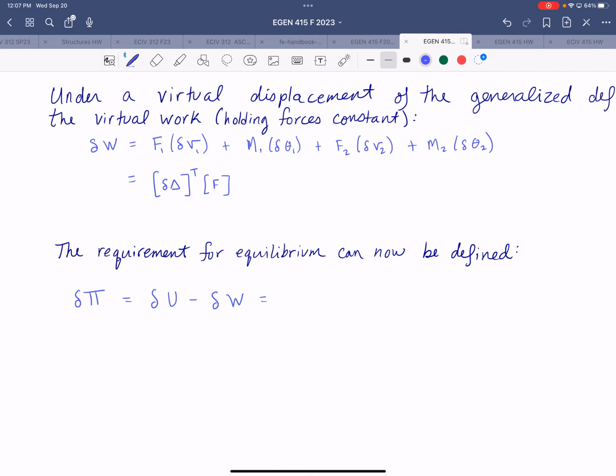There's no increment or no additional force associated with that virtual displacement, since we held the forces constant. So we'll have our delta delta transpose times, in parentheses, the stiffness matrix K times our generalized displacement matrix minus the generalized force matrix. Set that equal to 0 for equilibrium.